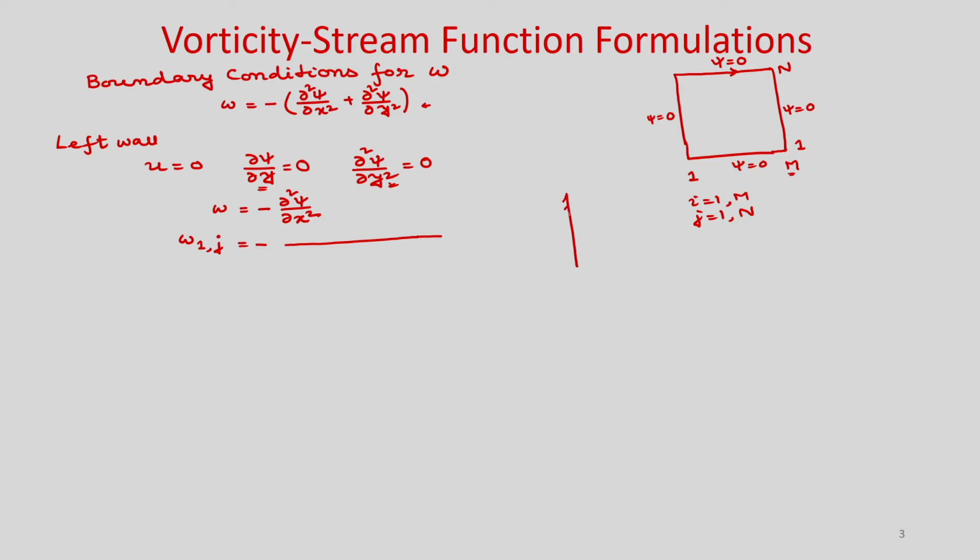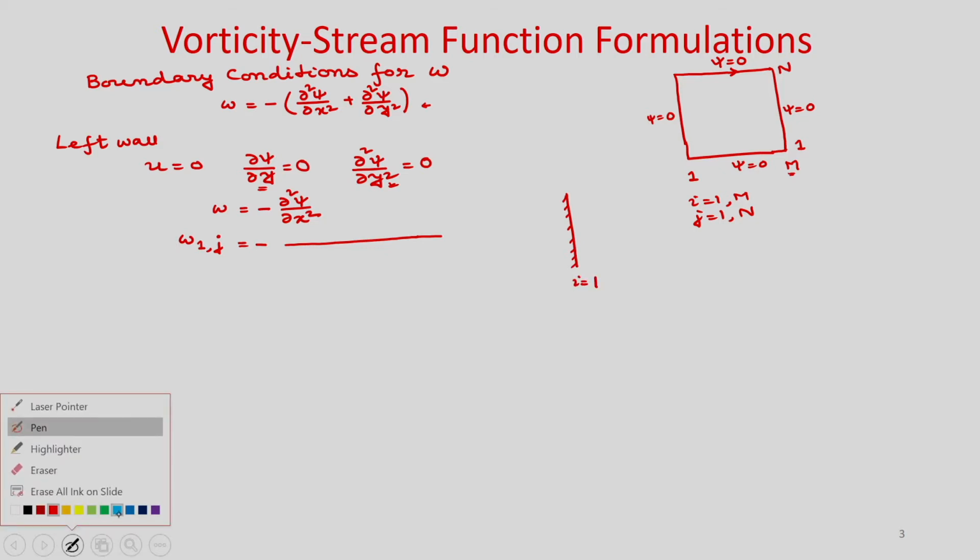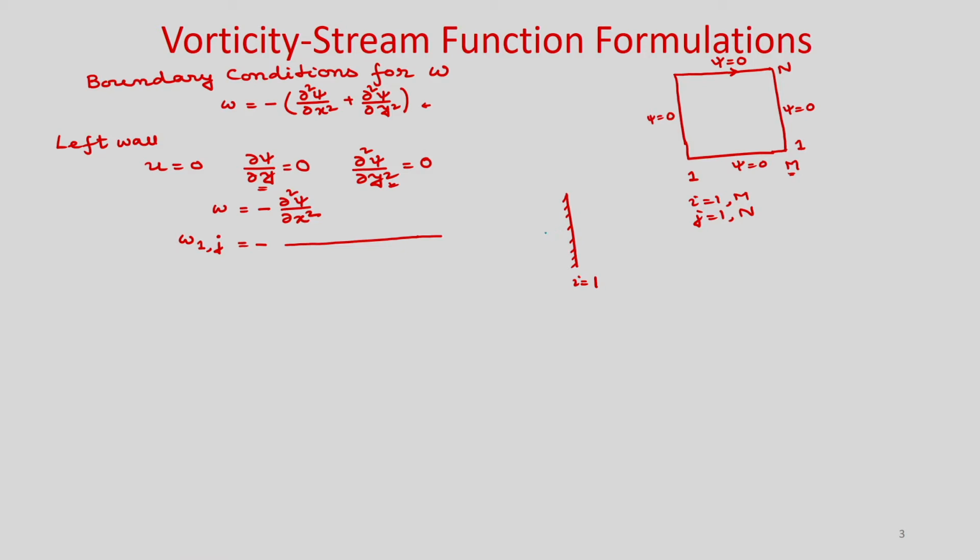If this is the left boundary, so it is I is equal to 1, we will take a fictitious point outside this boundary. So, this is your boundary grid and this is your interior grid. This is your fictitious point.